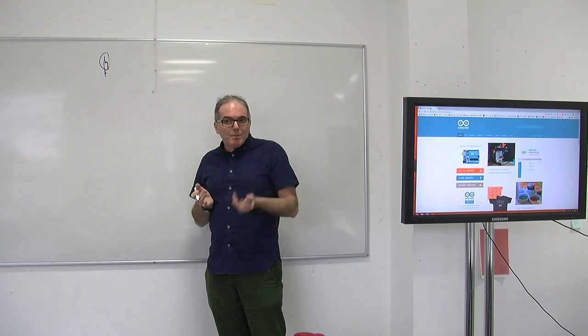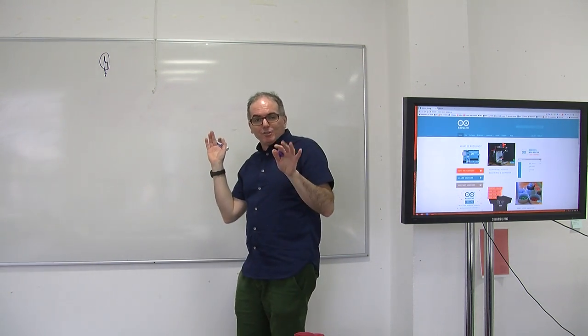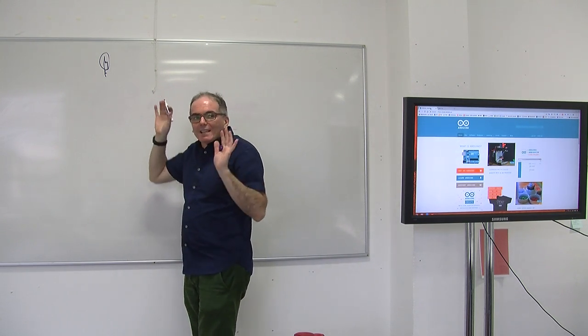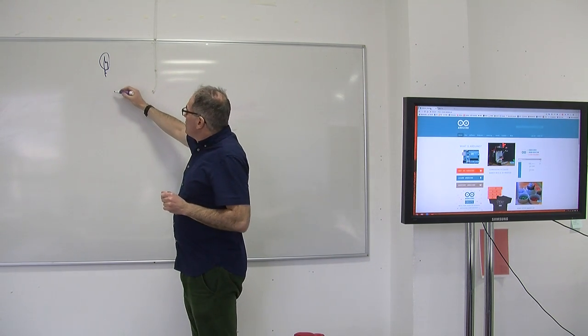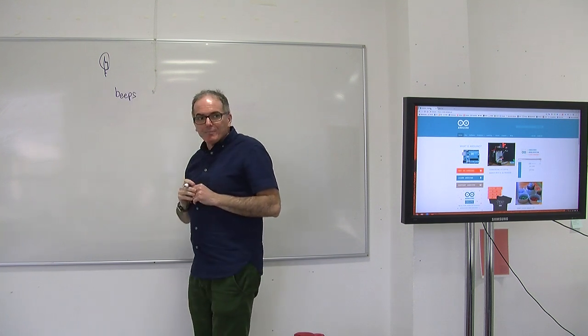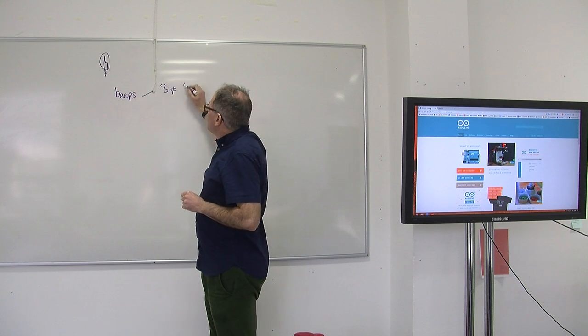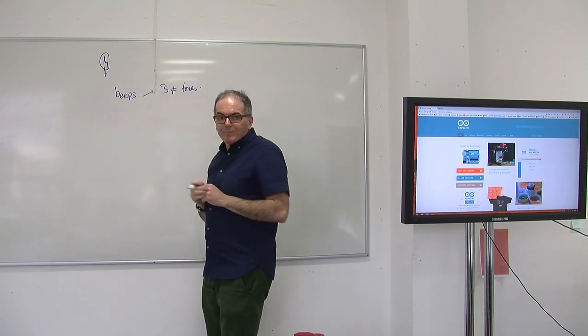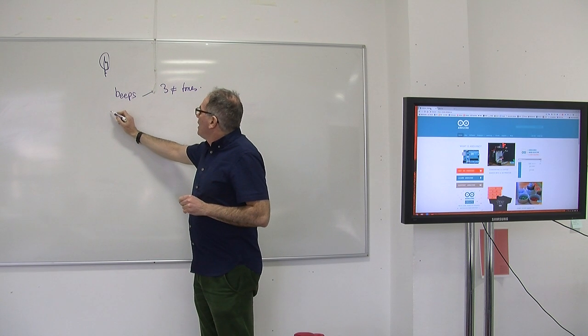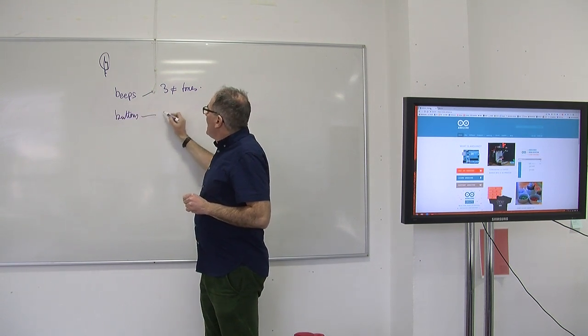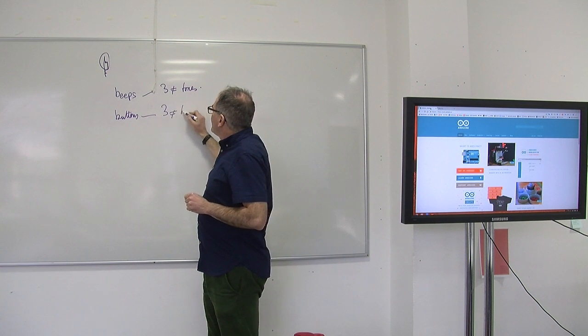It's basically 3 buttons, because I said 3 keys. So we can guess a few things. We need something that beeps, and it beeps 3 different tones. We need buttons, and we need 3 different buttons.